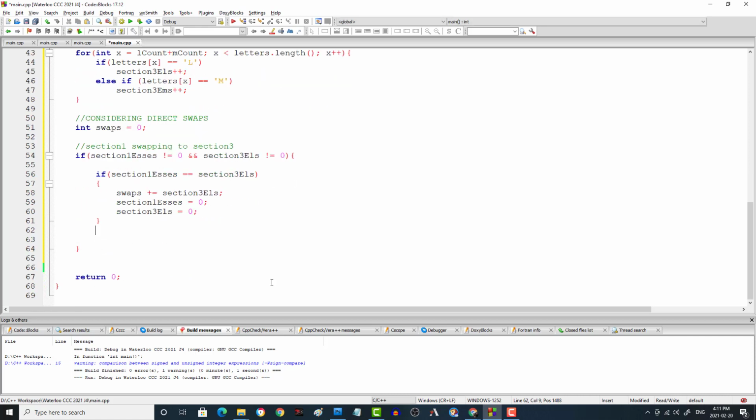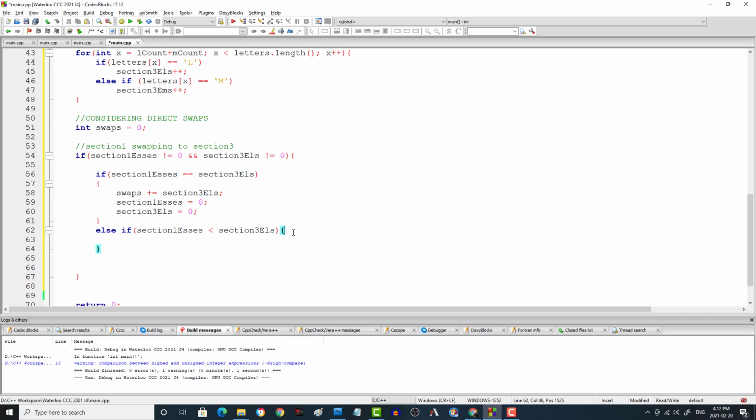Okay, now what if this is not the ideal situation? Okay, so we're going to say else if. Okay, so what if there's fewer S's, or let's say the S's is less than the L's. Okay, well, if you have fewer S's in section 1 and more L's in section 3, the most you can transfer is just the S's.